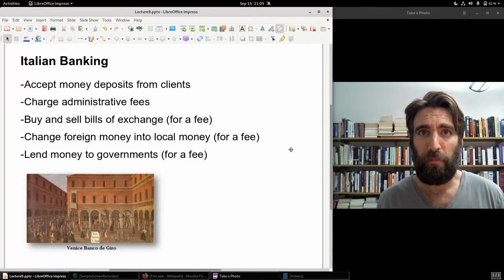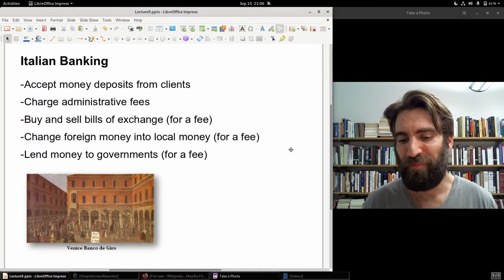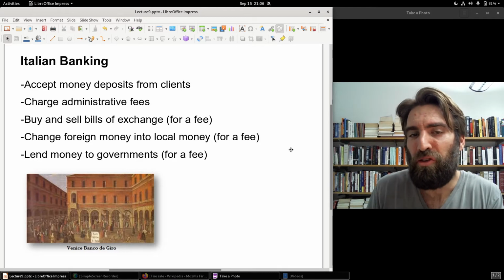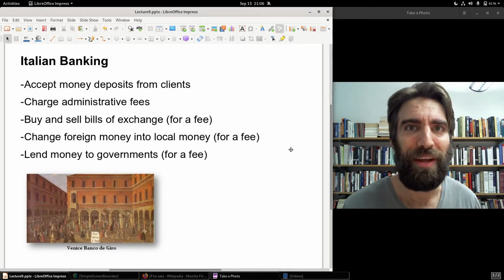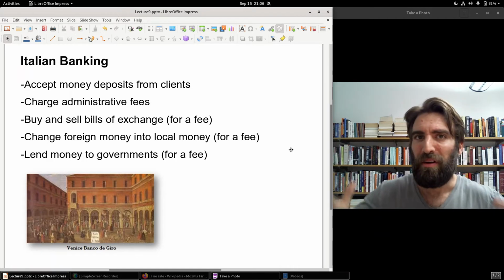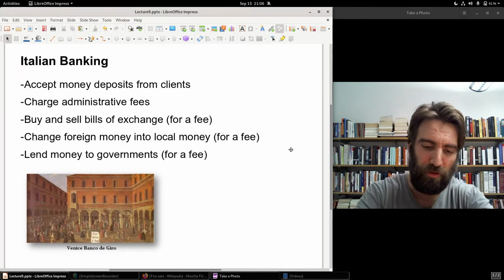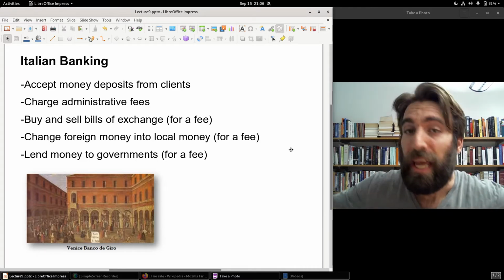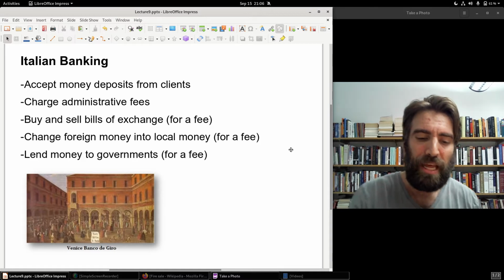Italian banks also made money by charging administrative fees, and here was sort of a gray area. It's not called interest proper, but we charge administrative fees for loans, and there were certain ways to get around the ban. The Jewish money lender was able to just nakedly charge interest without making any pretense about it.